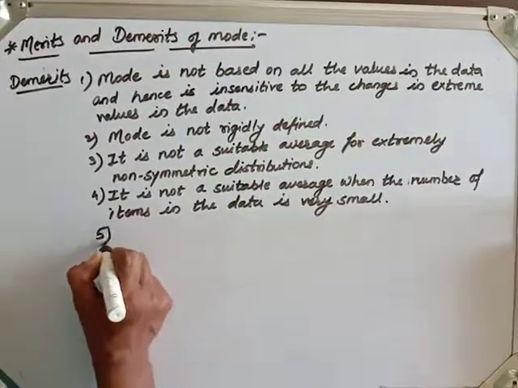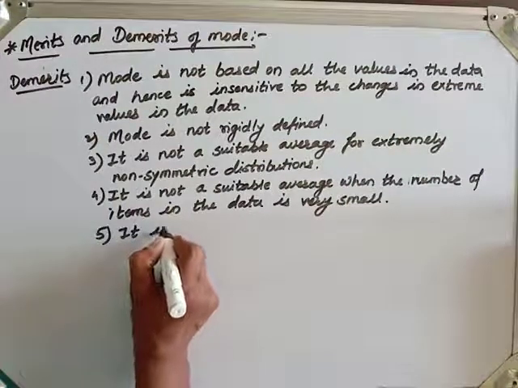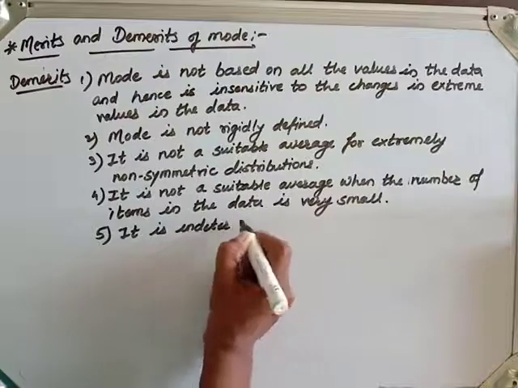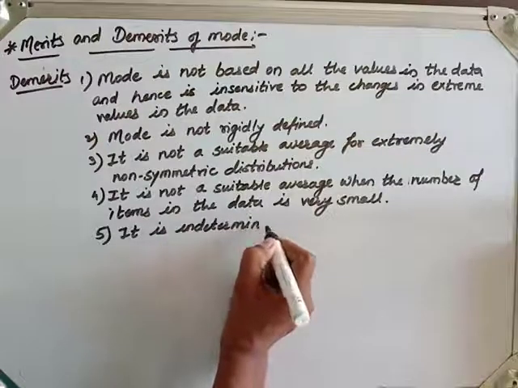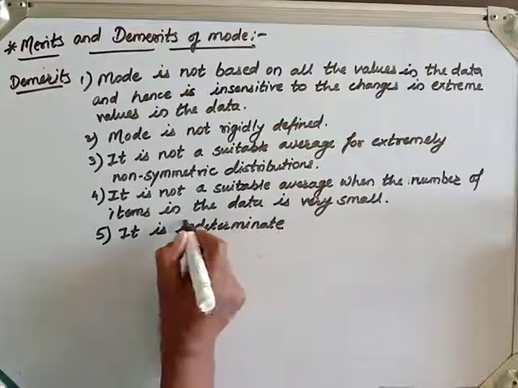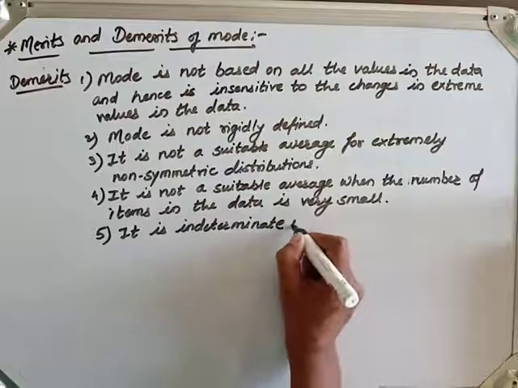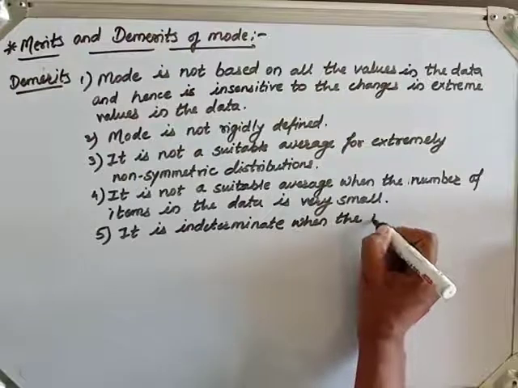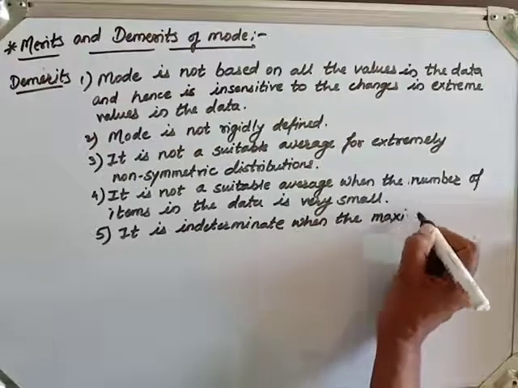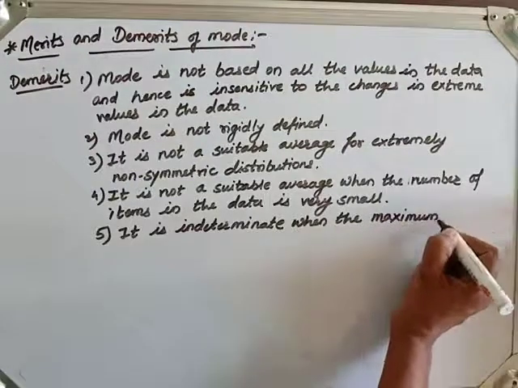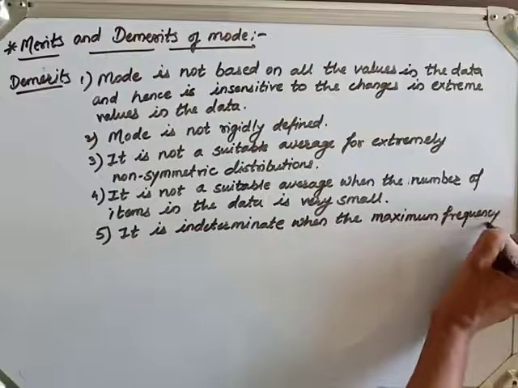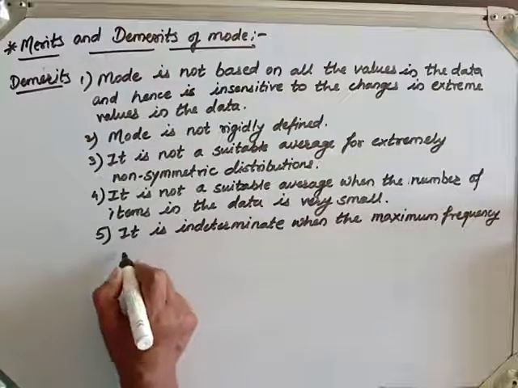The next one, it is indeterminate. We are not able to determine it. Indeterminate means not able to determine. We cannot find it when the maximum frequency is at one end of the distribution.